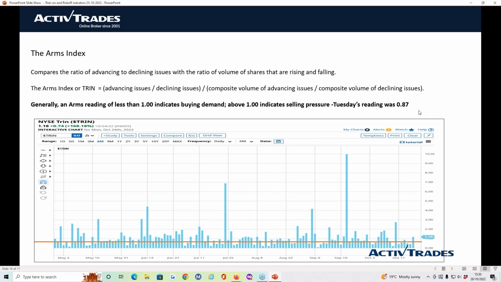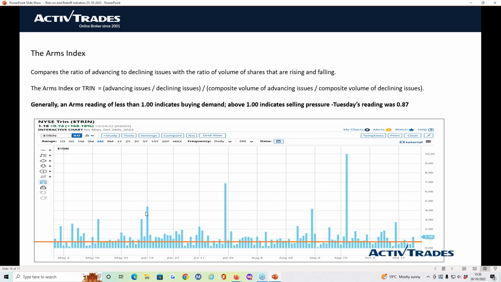So that's another index that you can look at. Again, it's freely available. I've taken this chart from barchart.com. The ticker for the TRIN is $TRIN, but it's also available on TradingView. And those of you that use ActivTrader will be familiar with the way TradingView works.